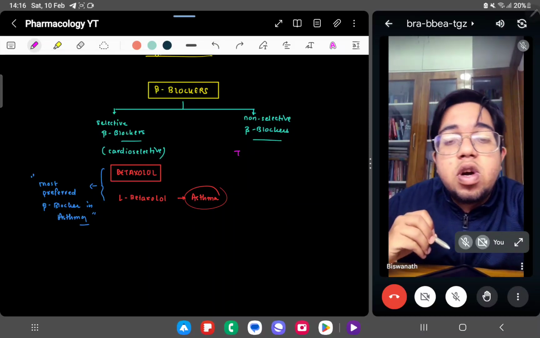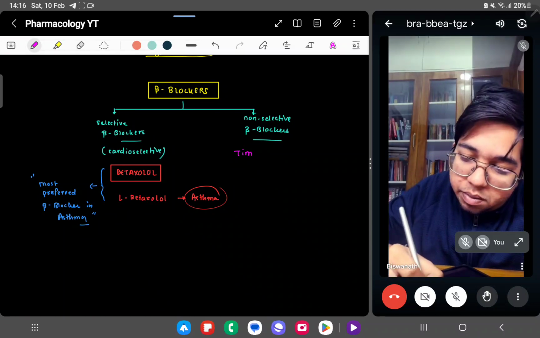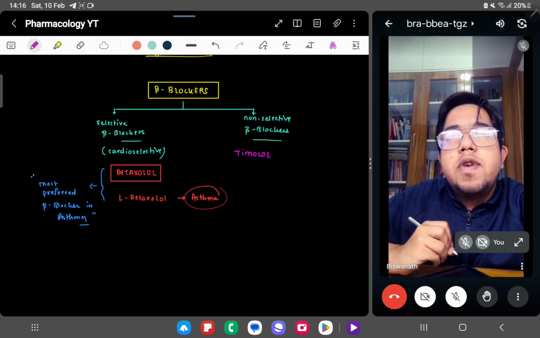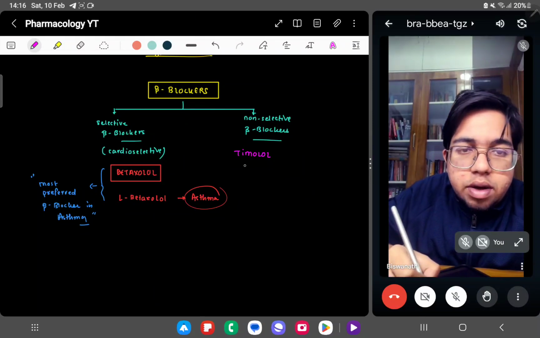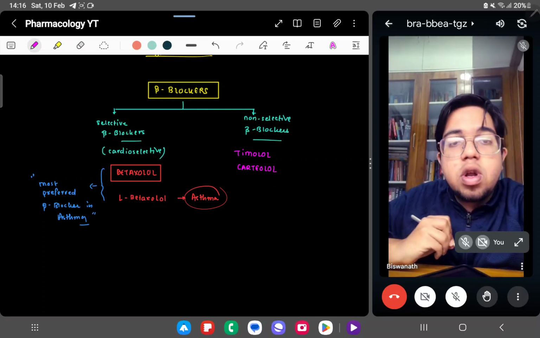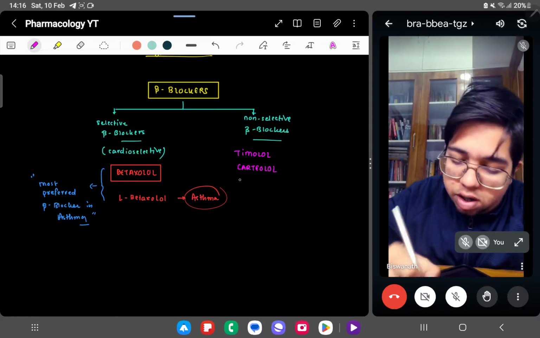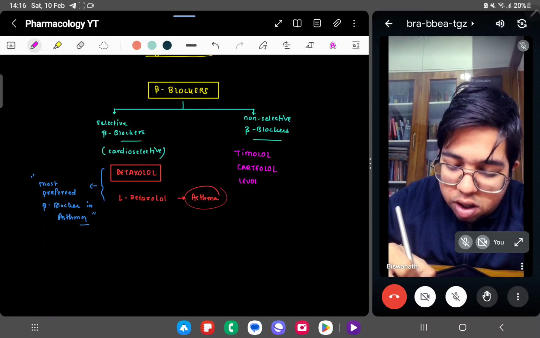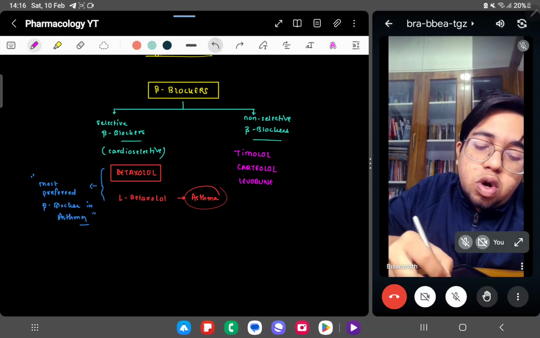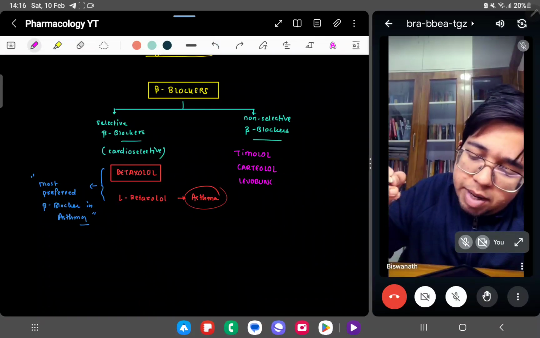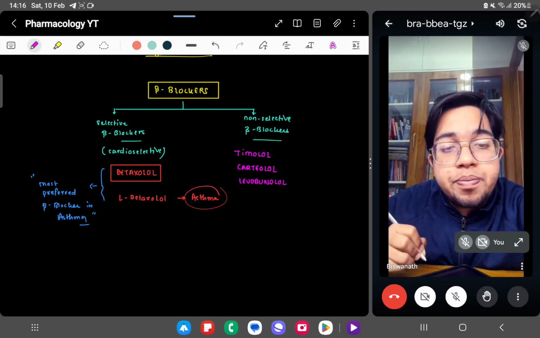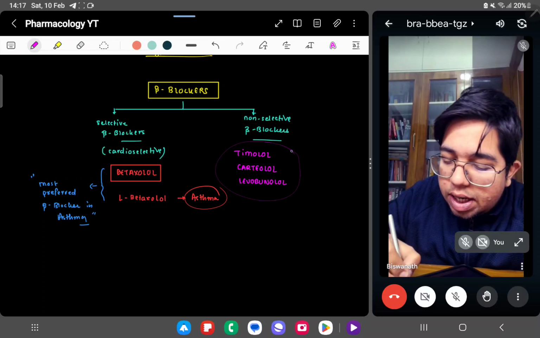We have something called timolol, or we can have carteolol. Timolol, carteolol, and levobunolol. I hope the spelling is correct. Okay, so these are the non-selective beta blockers.